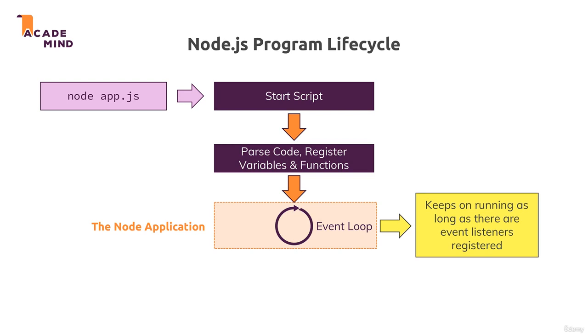Now, as you might guess, if we create a server with Node.js, it should of course be able to handle multiple, thousands, tens of thousands or hundreds of thousands of incoming requests. And if it would always pause and then do something with that request, this would not be that great. Hence, it uses this event loop concept where in the end it always keeps on running and just executes code when a certain event occurs, so that in general it's always available.